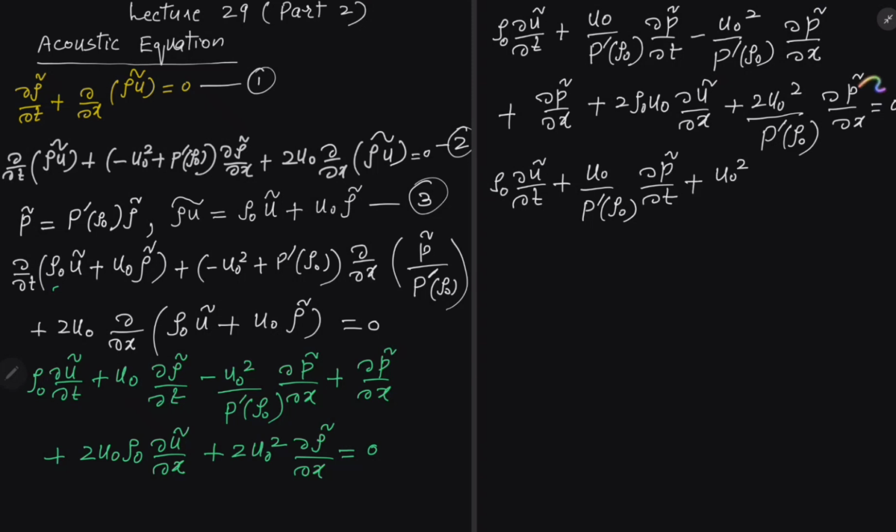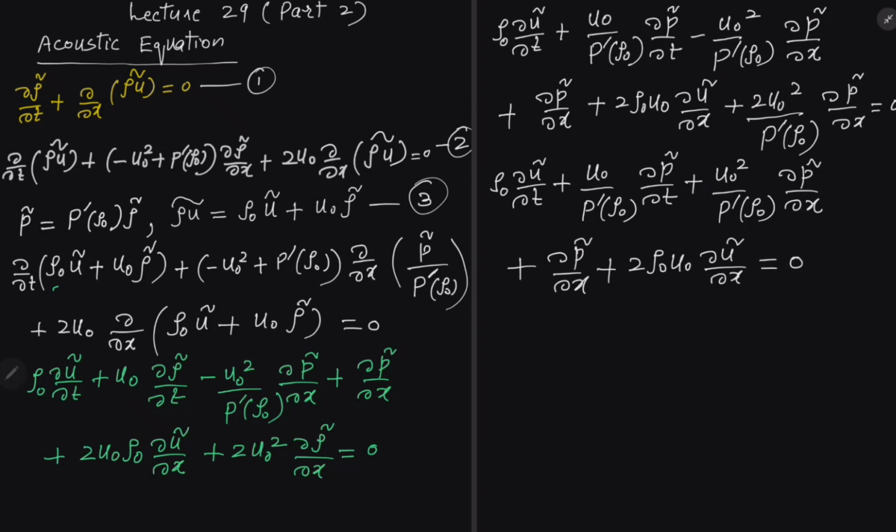Now I am adding these two terms, this term and this term. So we get u naught square over p dash rho naught partial p tilde by partial x plus partial p tilde by partial x plus 2 rho naught u naught partial u tilde by partial x is equal to 0.